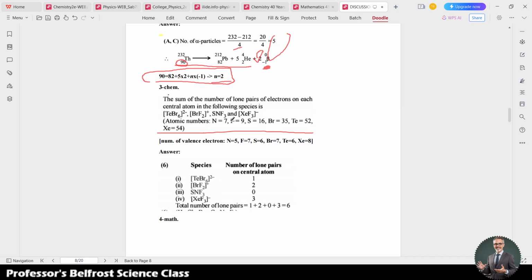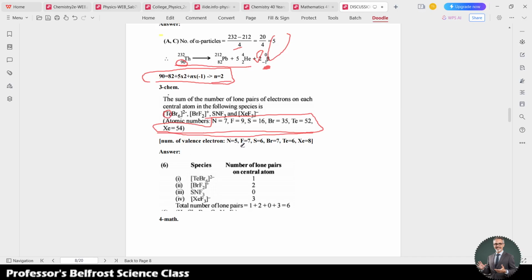The first thing after you get these atomic numbers is to find the number of valence electrons, because this is very important. We find the lone pairs on the central atom by first identifying how many valence electrons are on the central atom. The central atom for this anion is tellurium.